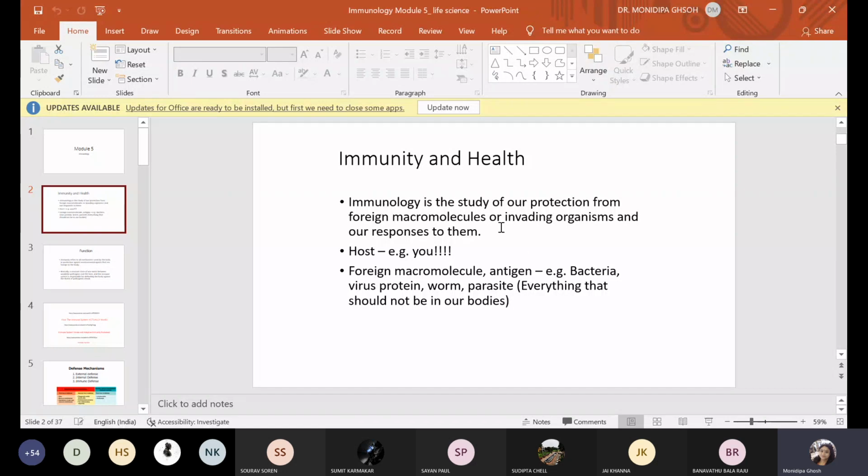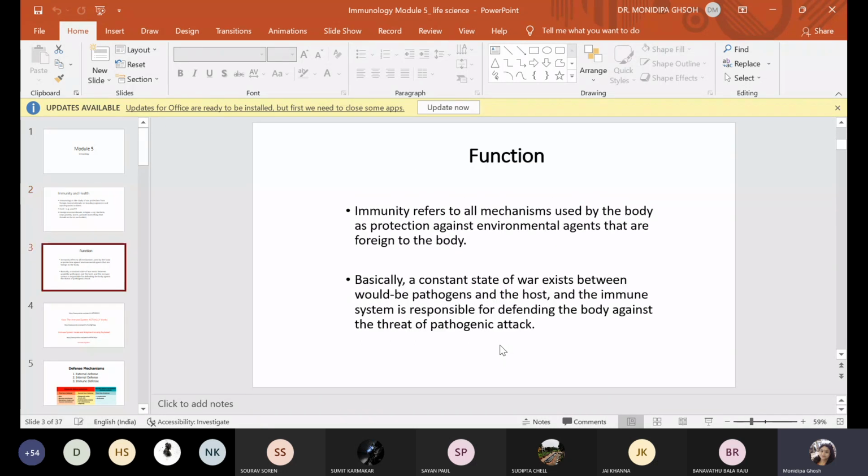And those antigens may be the bacteria, virus, and the protein component of the bacteria, virus, either whole or the protein part or the DNA, RNA part, and other portions are the parasites, worms, anything which is not regarded as the self component of our body is regarded as the antigen. Now, what is the main function of immunity?